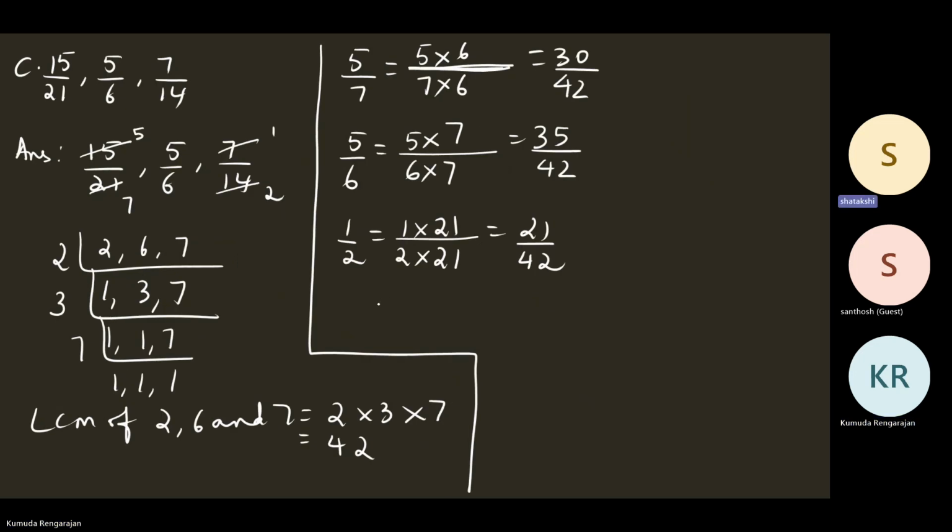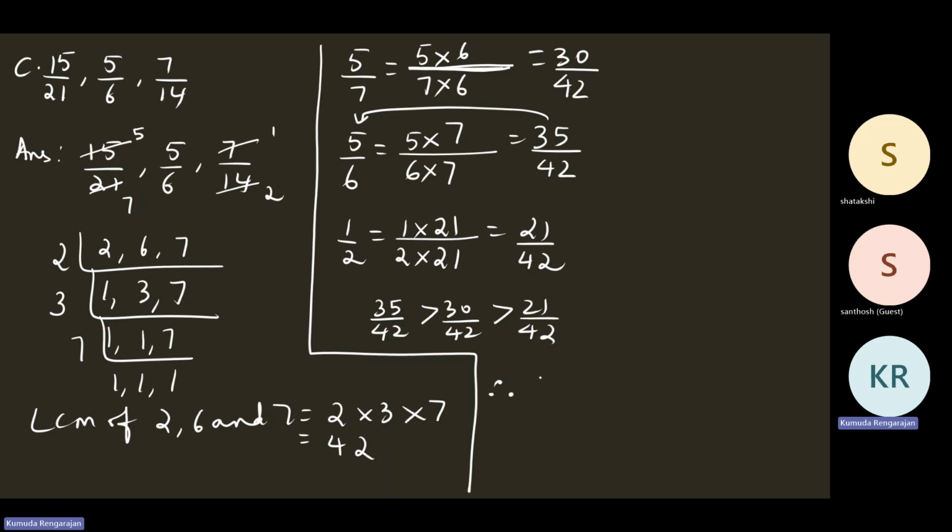So the greatest fraction is 5 by 6, which is 35 by 42. Very good. So 35 by 42 is greater than 30 by 42, which is greater than 21 by 42. Therefore, the fraction that corresponds to 35 by 42 is 5 by 6. Therefore, 5 by 6 is the greatest fraction.